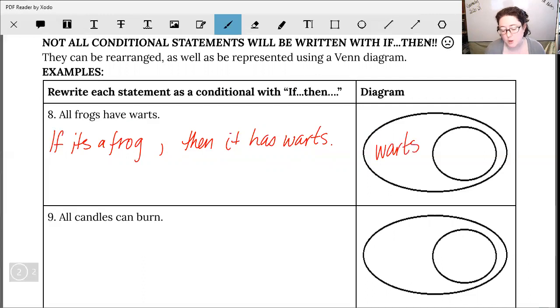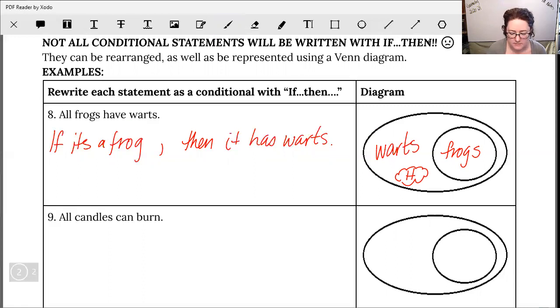So I'm going to put that in the larger Venn diagram. So frogs are kind of a subset of that. So if it's a frog, then it has warts. Well, we could have other subsets as well. Humans could have warts. So we could be another group in this diagram if we wanted to put that in. So that's one way to think about how to relate the two ideas to each other.